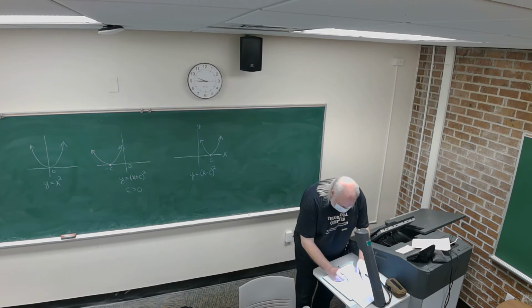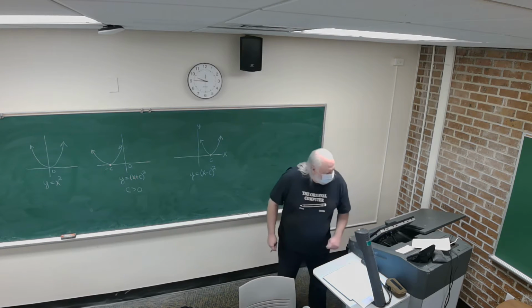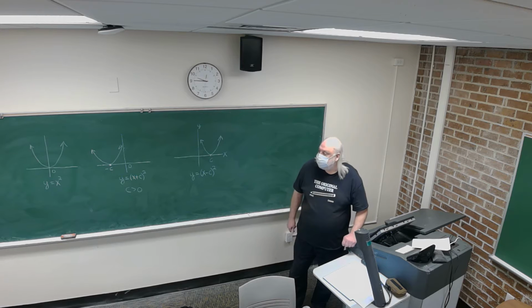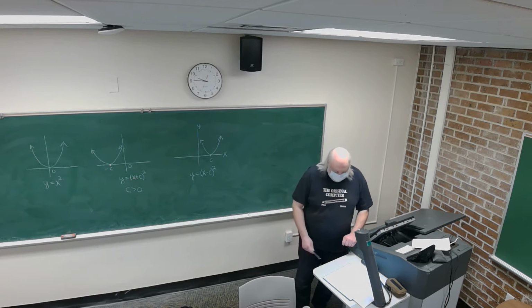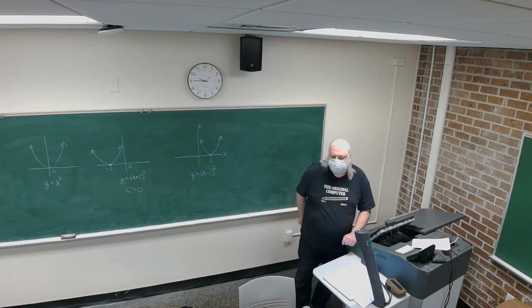Now the vertex appears at the point (-3, -2), because we shifted to the left 3 units and then down 2. And so that's the graph of this equation, and we got it from the graph of our basic parabola. Okay. Any questions on that?